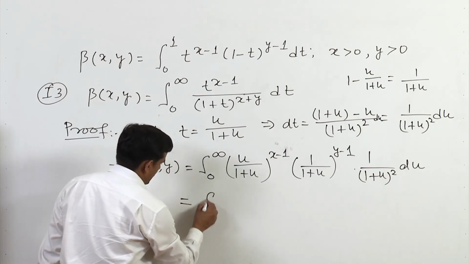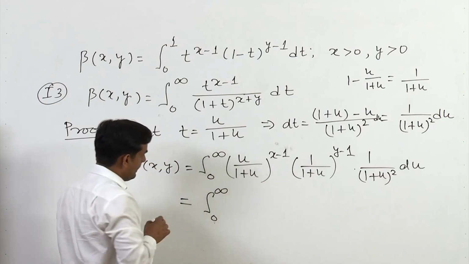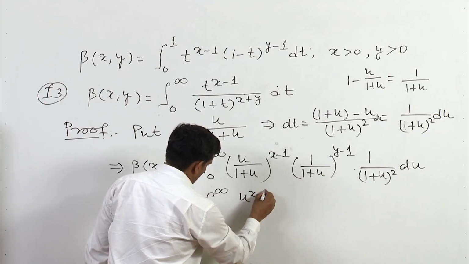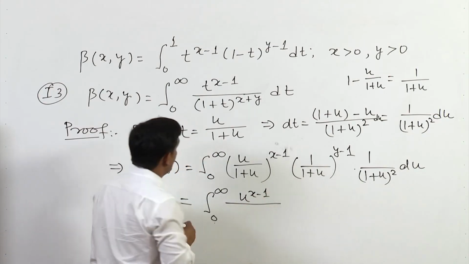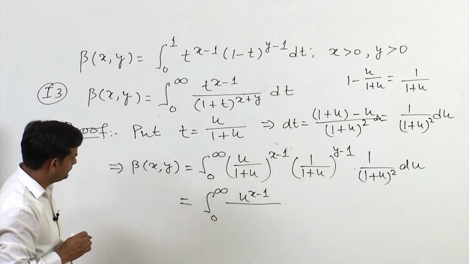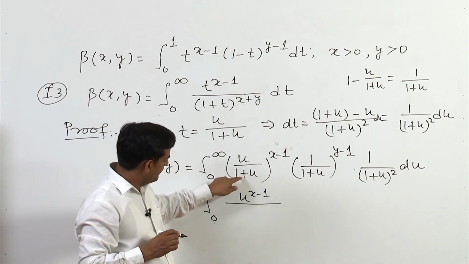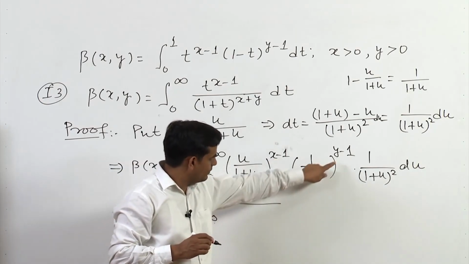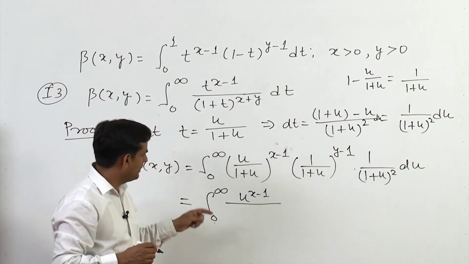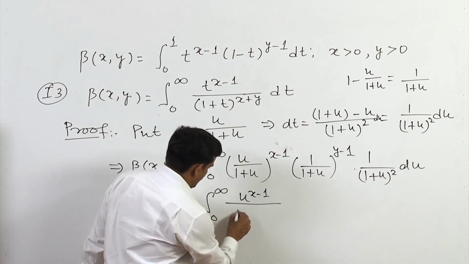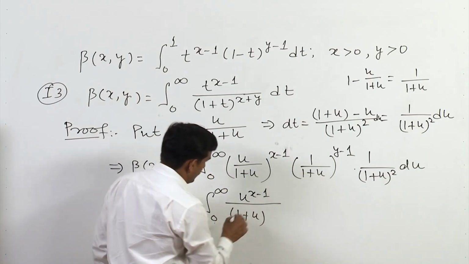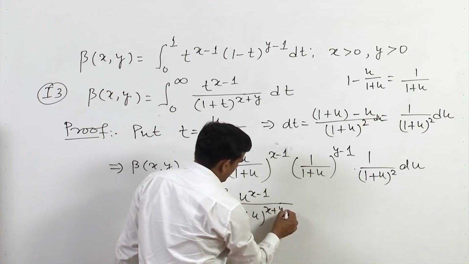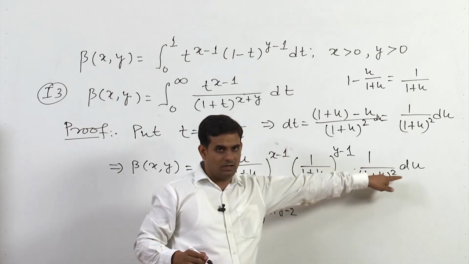So, this I can write as the integral from 0 to infinity of u raised to power x minus 1 upon, please note that 1 plus u in the denominator raised to power x minus 1, 1 plus u raised to power y minus 1. So, it will become 1 plus u raised to power x plus y minus 1 minus 1 minus 2, and plus 2 I am having here.